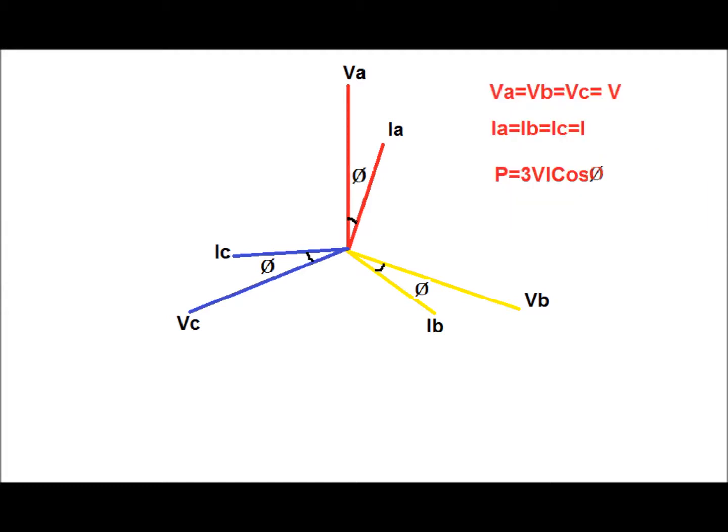For a three-phase balanced system, VA is equal to VB is equal to VC is equal to V, and for balanced current, IA is equal to IB is equal to IC equal to I. Therefore, the total three-phase power P is the sum of the three phase powers, that is VA into IA into cos phi for the red phase, plus VB into IB into cos phi, plus VC into IC into cos phi, which comes to 3 into VI cos phi.